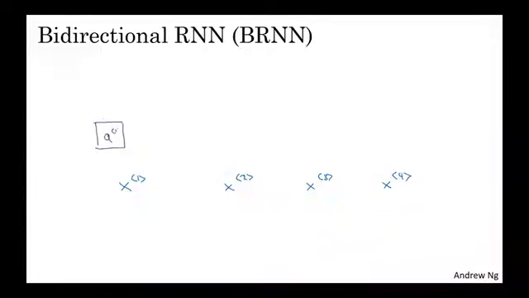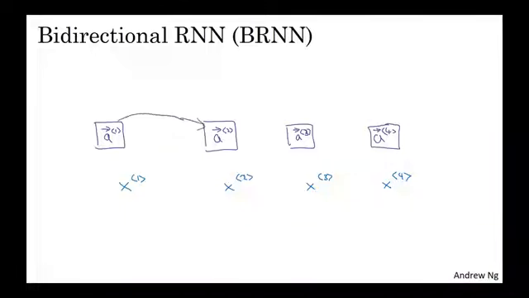I'm going to call these A1, A2, A3, and A4, and I'm going to draw a right arrow over them to denote that it's the forward recurrent component. And they'll be connected as follows.